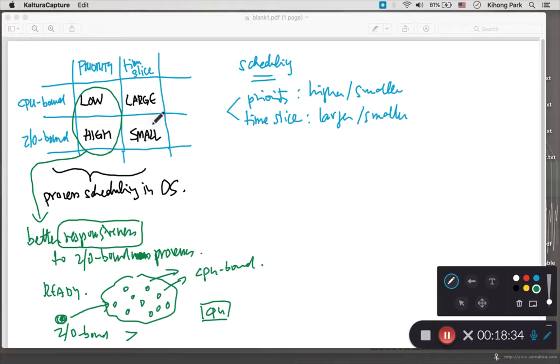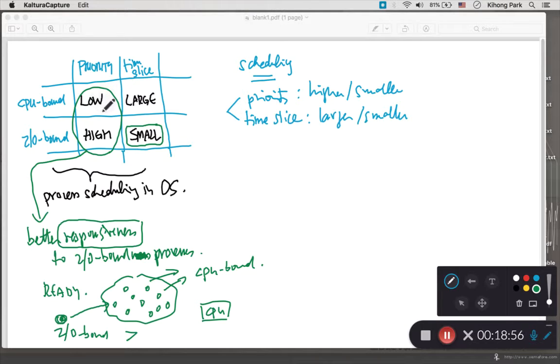And we give it a small time slice because by its nature, it's likely to run a little bit on the CPU, but then give up the CPU voluntarily because it's doing blocking system calls. So a small time slice is adequate for this guy.